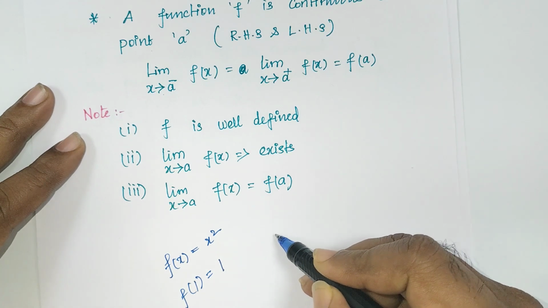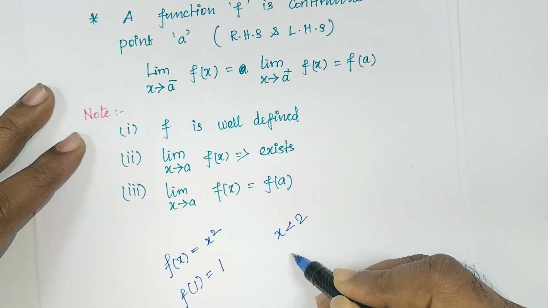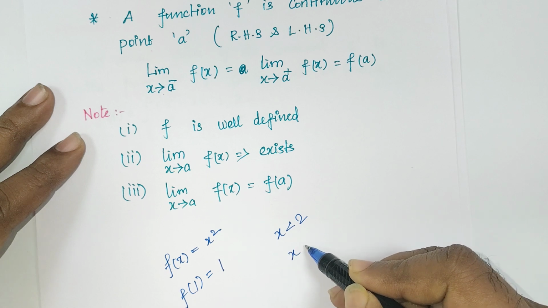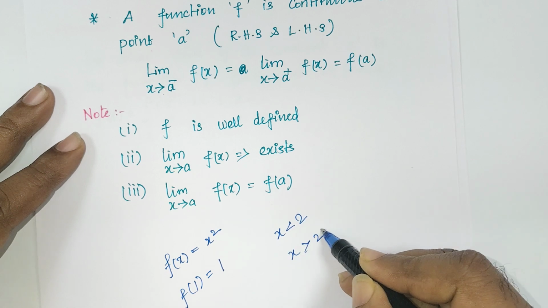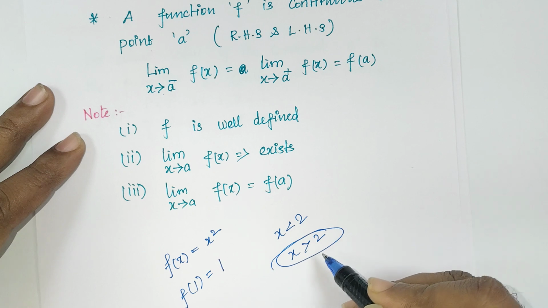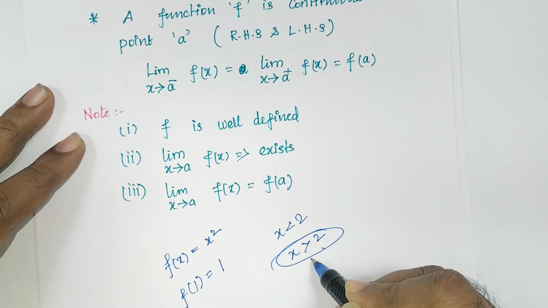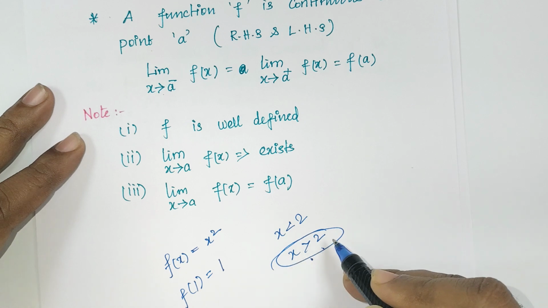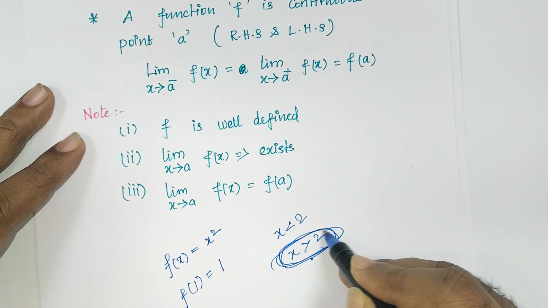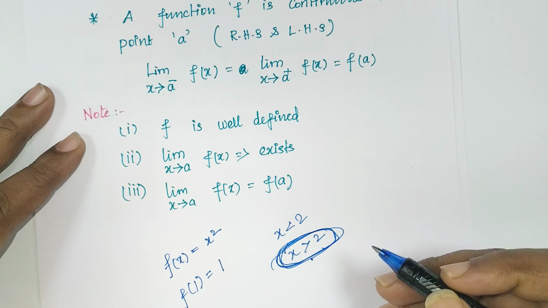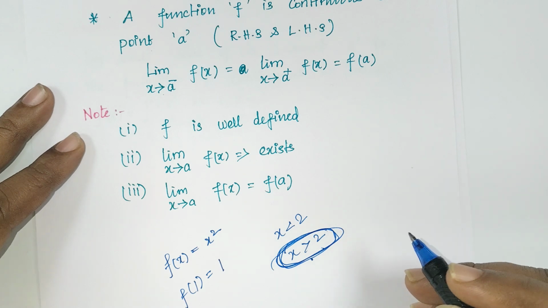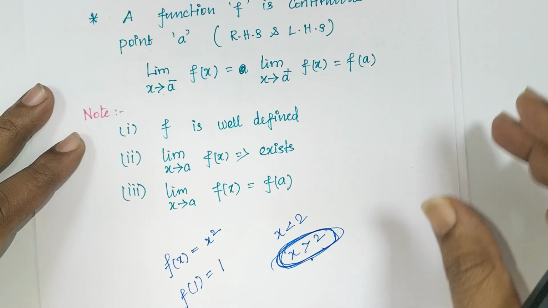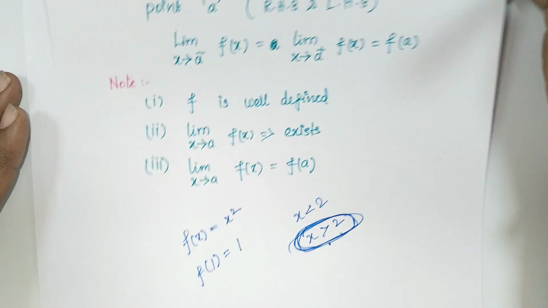For example, with subintervals x less than 2 and x greater than 2, at that particular point the function must be discontinuous. Whenever you have subfunctions separated at a particular point, it gives a discontinuity. Based on this, we'll solve some problems.